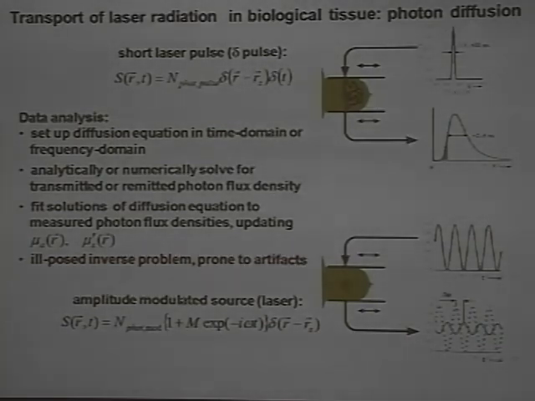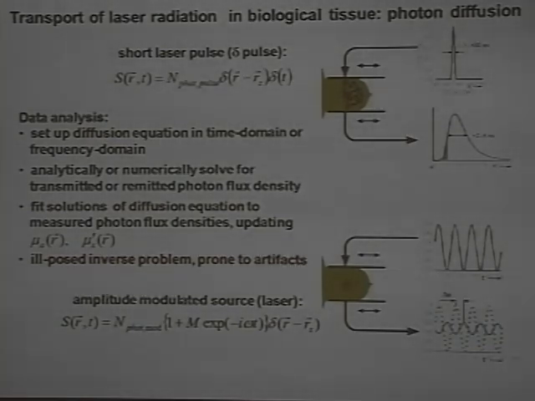Now, we want to measure mu sub A and mu sub S prime, so we have to essentially set up the diffusion equation. Because of the many scattering events, you can model the radiation transport by photon diffusion. You set up the diffusion equation in time domain or in frequency domain.